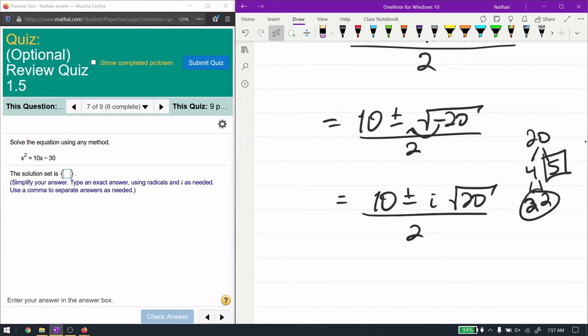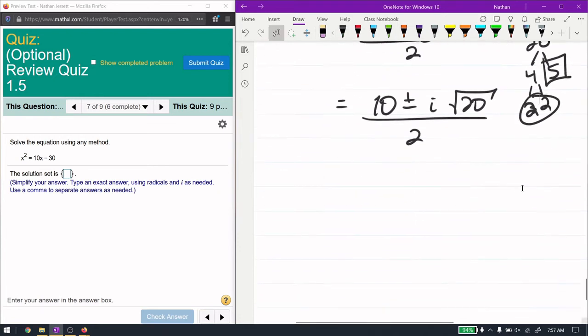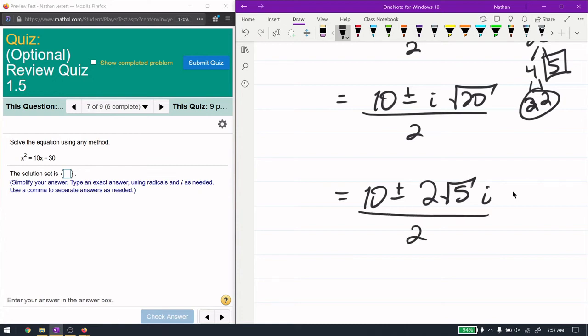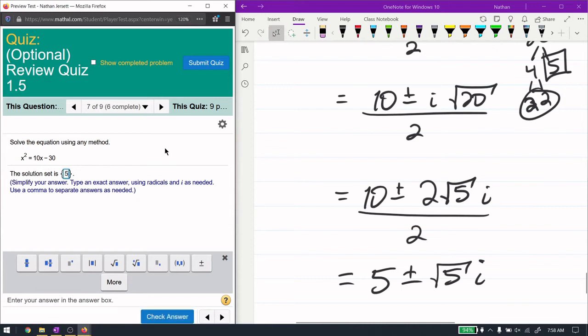I've got a pair of 2's and a 5 remaining for the inside, so I'm looking for 2i. Really, this should be 2 root 5 i. That's the proper way of writing it with a plus bi as a complex number. And now I can divide both things by 2, so that's just going to be 5 plus or minus root 5 i. There are my two complex solutions, 5 plus or minus the square root of 5 i.